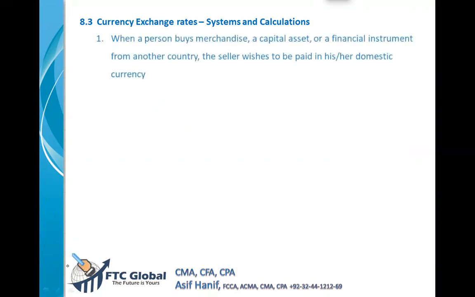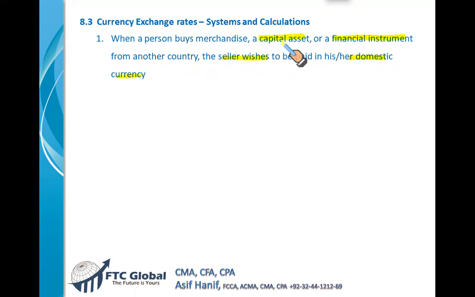Now, whenever you purchase something in an international context, maybe you purchase a capital asset from a foreign country, or you might have some financial instrument like a bond, like a share in a foreign market. The person from whom you have purchased this capital asset or financial asset wishes to be paid in his domestic currency.